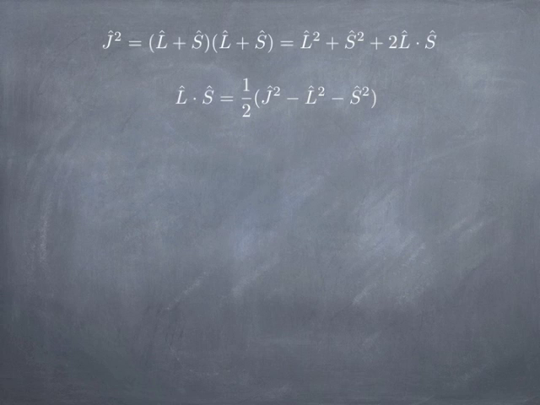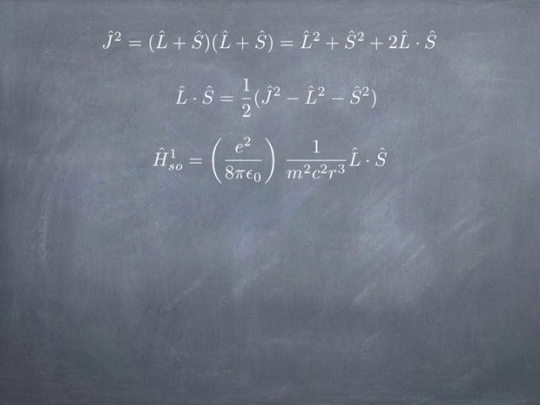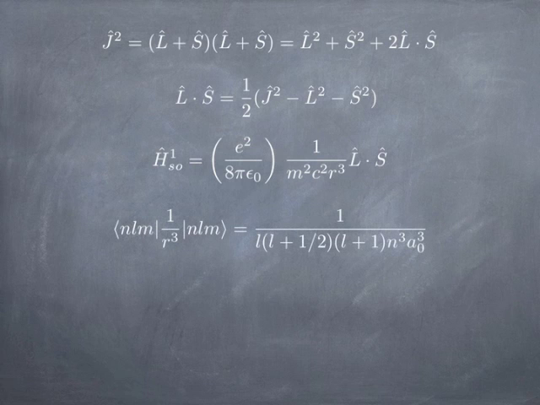But the point is, since the spin-orbit coupling perturbation is proportional to L dot S, we can use that to work out the size of this term. We do need the expectation value of 1 over r cubed, because you can see that it depends on 1 over r cubed.